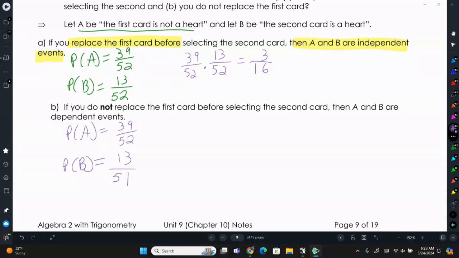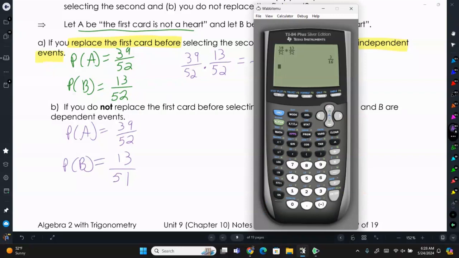So now I can multiply these together. Let's do that. We can just go back up here and change this 52 to a 51, and we get 13 out of 68.